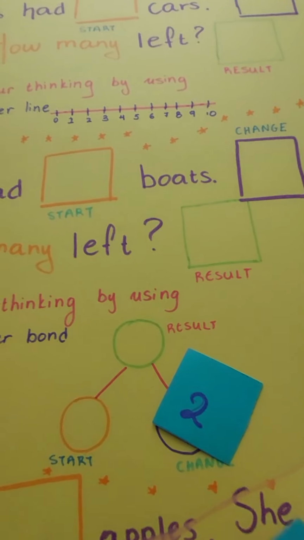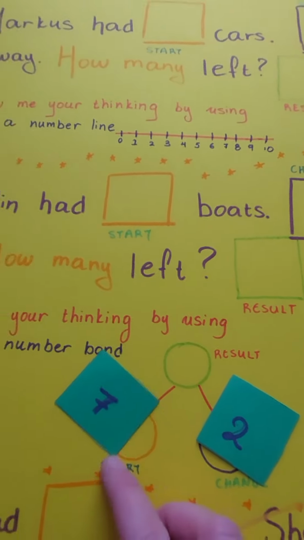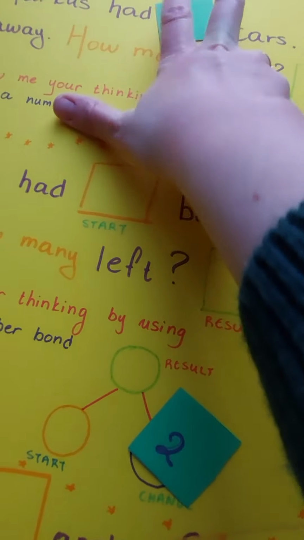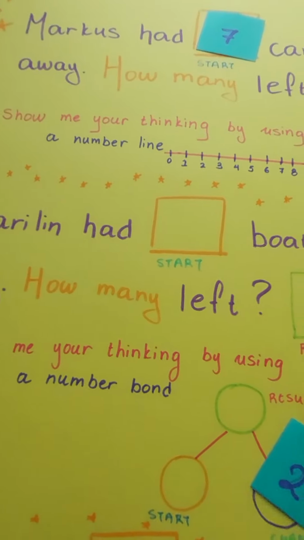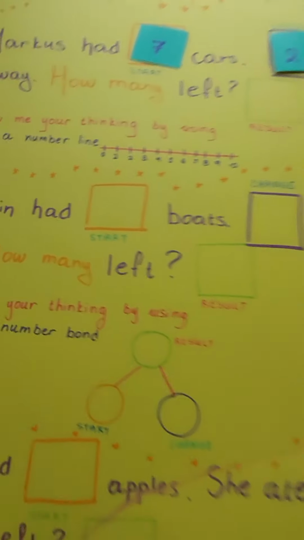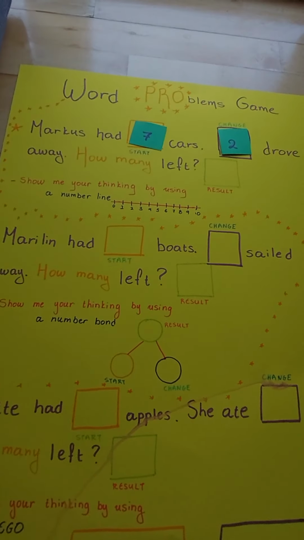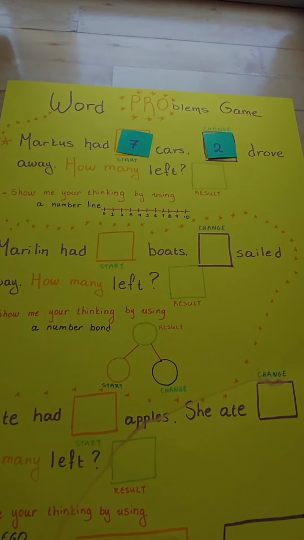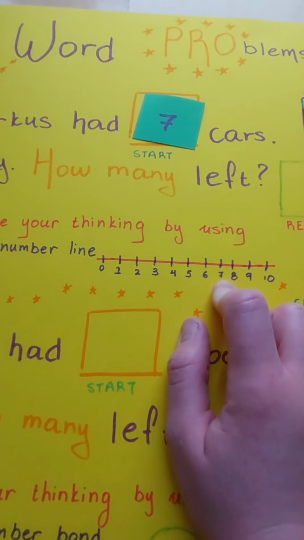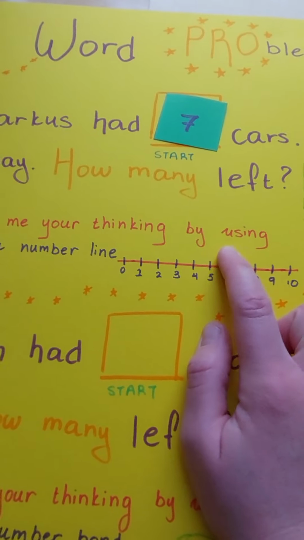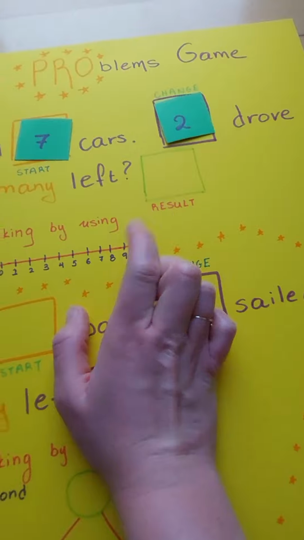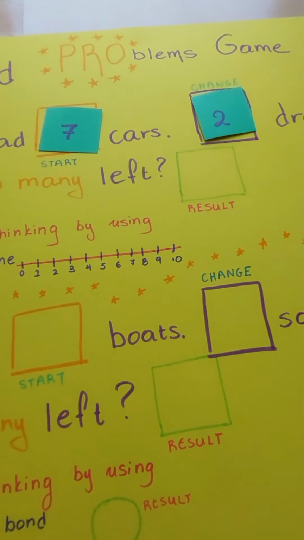They should know by now that the biggest number goes to the start, the orange box. And here we have our problem. Marcus had 7 cards, then 2 were drawn, and how many are left? In this case, they need to use the number line, so 7, and they know that they have to jump 2 times, so 5 is the answer, and they would write it either there or in their worksheet.